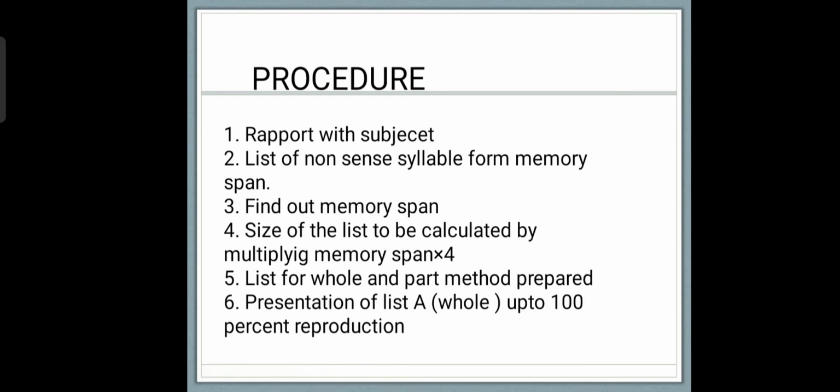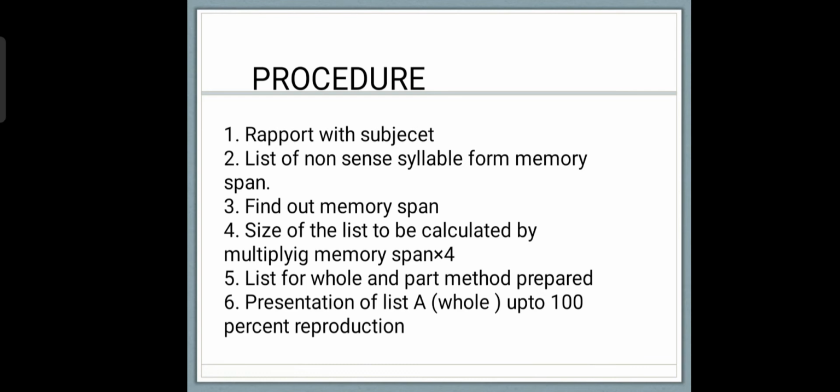We will take trial after trial till the subject can reproduce 100%, that is all the syllables. Till the subject can reproduce all the syllables, we will have to take the trial and show the list.